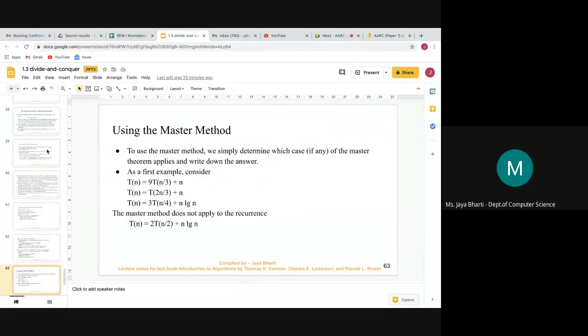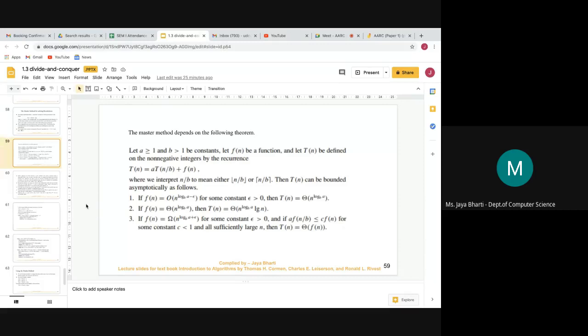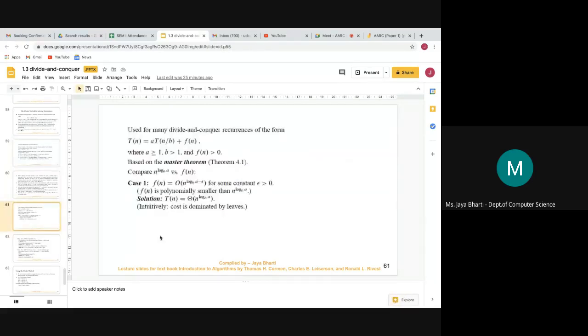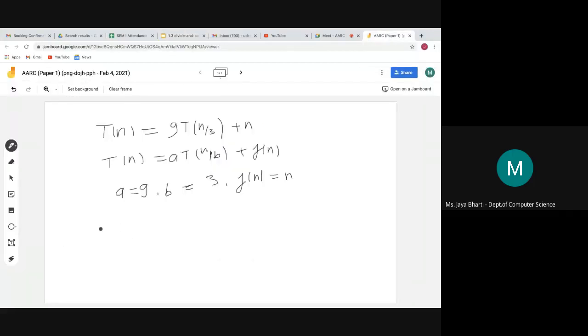What is the first case? The first case is, you need to check firstly, f of n is equal to big O of n to the power log a base b minus epsilon.